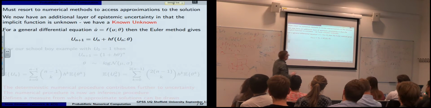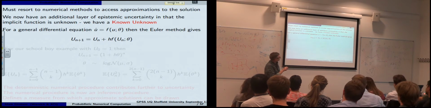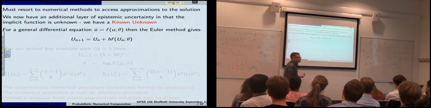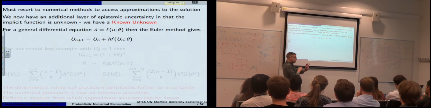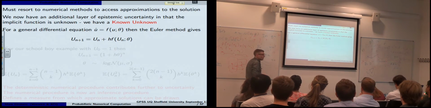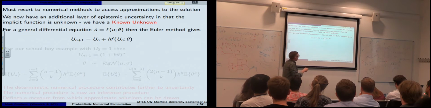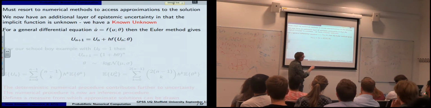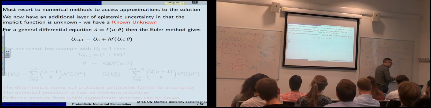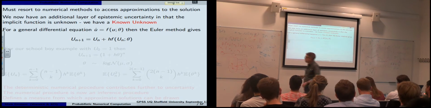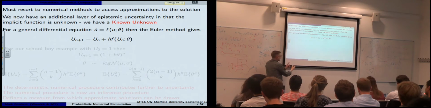I could then work out the approximate value of my function at time n plus 1, and it would simply be the sum of the approximate value at time n, plus the right-hand side of my differential equation where I've plugged in the approximate value at time n, scaled by the time step.